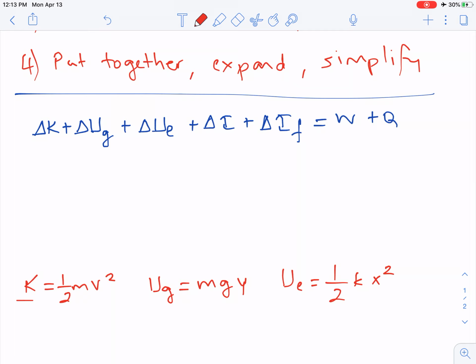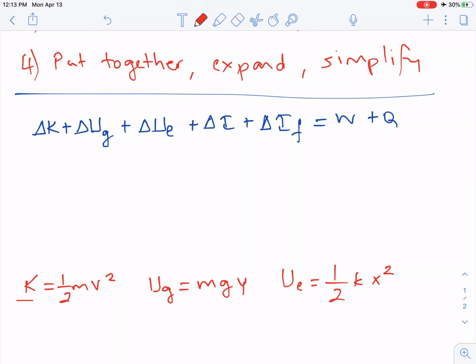Delta I is the internal energy. We don't really have an equation for I specifically. This is the general way of describing change in temperature or pressure in the system. Most of the time, delta I is going to be 0 for us. But we did split delta I into 2, and we said that there's also another form of internal energy that is due to friction.